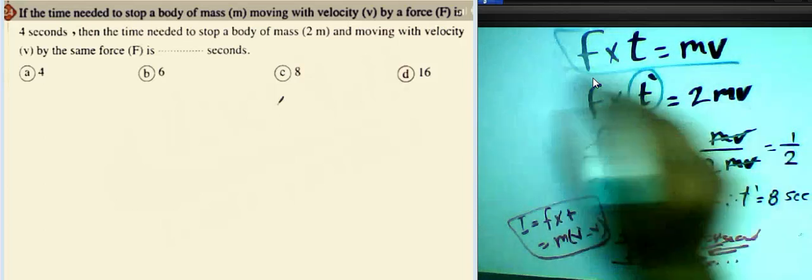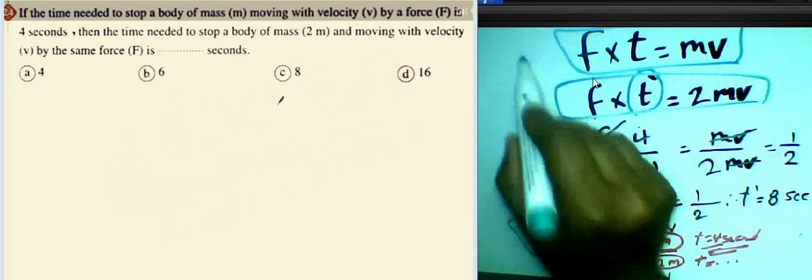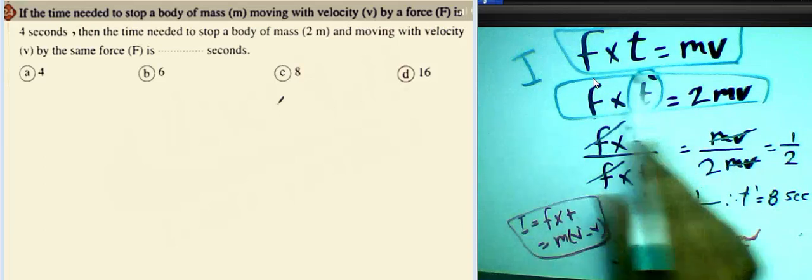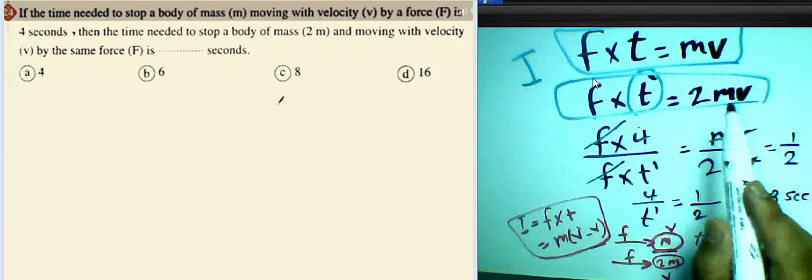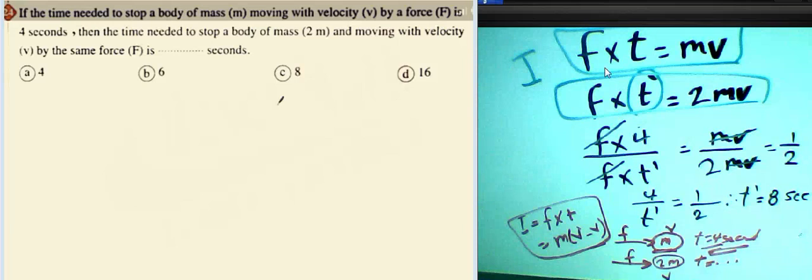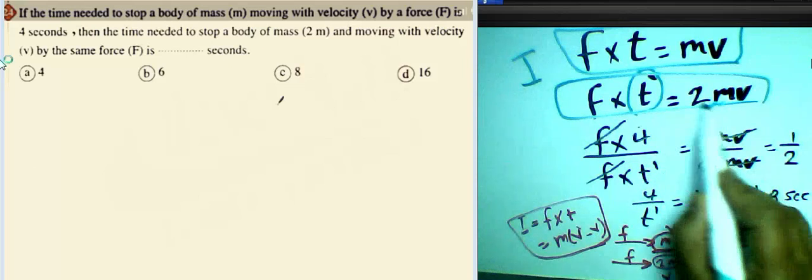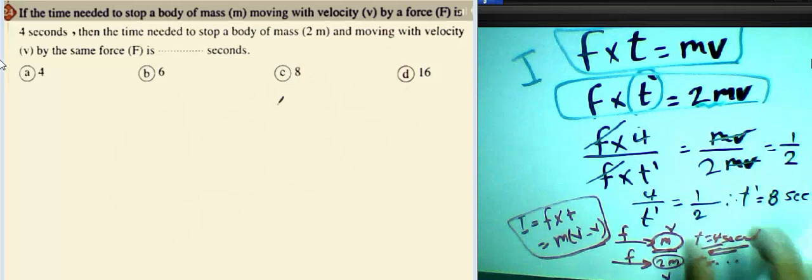This relation, F times t equals m times v, is for the first body, because this body was stopped. And for the second body, the mass will be 2m and the velocity v, the same velocity and the same force.